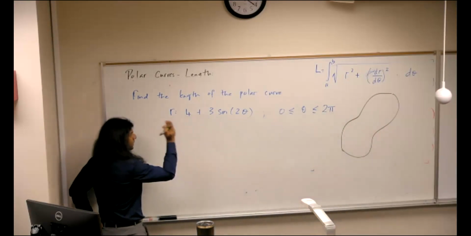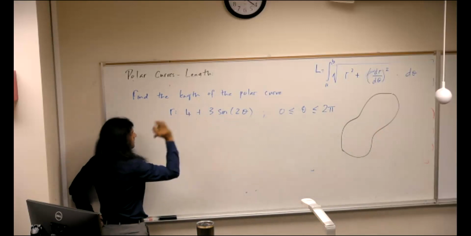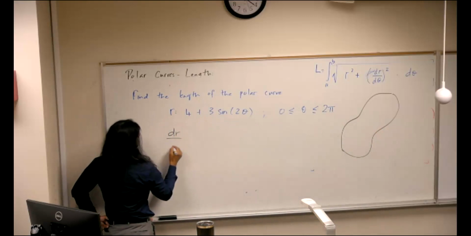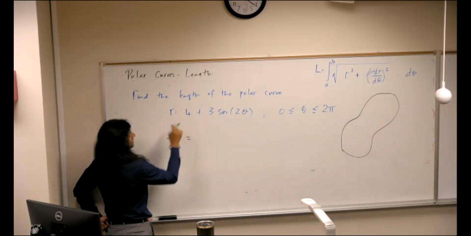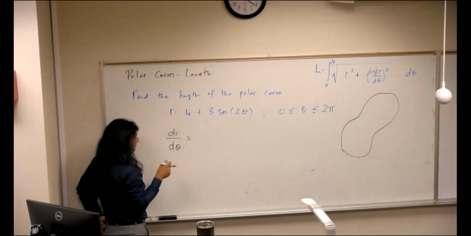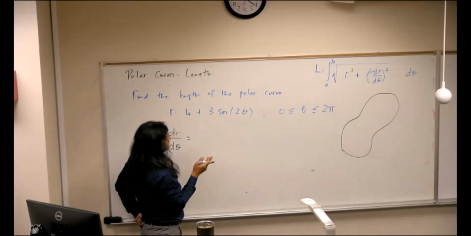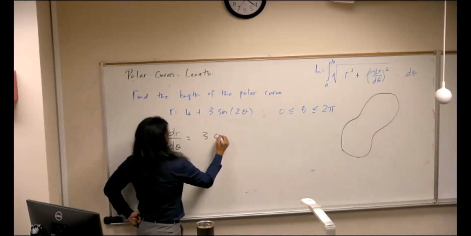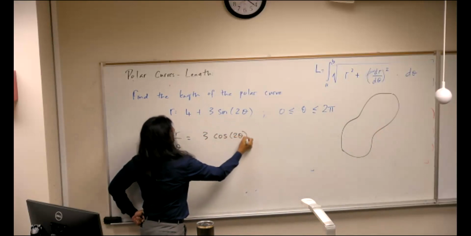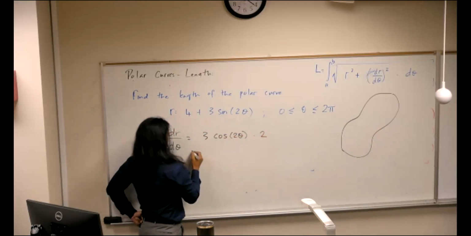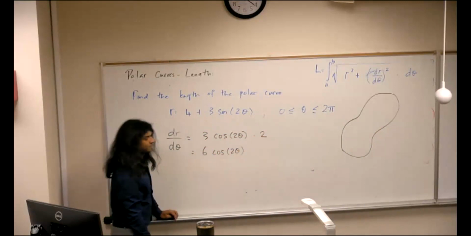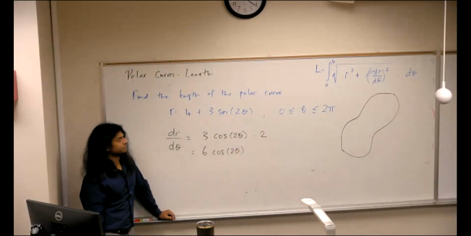We can easily find dr over d theta. What is the derivative of a constant with respect to theta? 0. 3 cosine 2 theta times 2, 6 cosine 2 theta. Good.